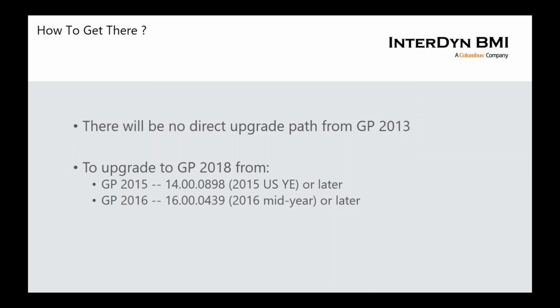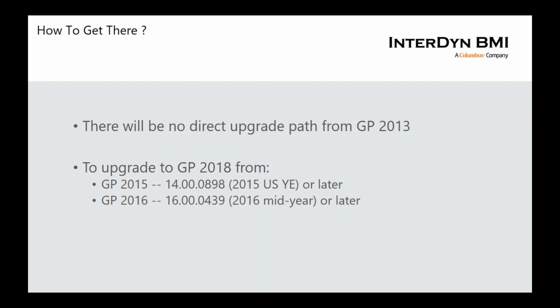Okay, so last thing, how do we get to 2018? If you're on 2013 or earlier, no direct path, so you'll have to make multiple jumps or hops. You do have to be on GP 2015, and that will be the update 14.00.0898.